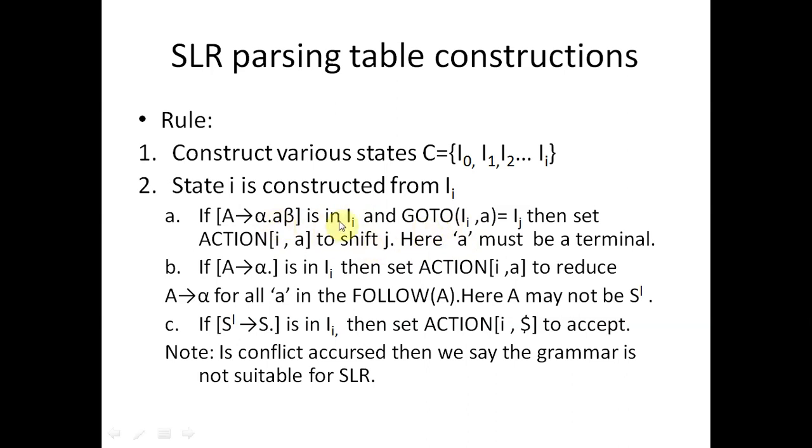What is the transition that we have to take, and we have to set the action from that state on that terminal as shift with that state number, and here A is nothing but the terminal symbol.